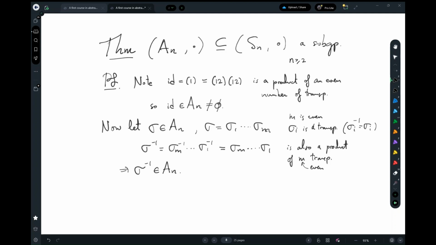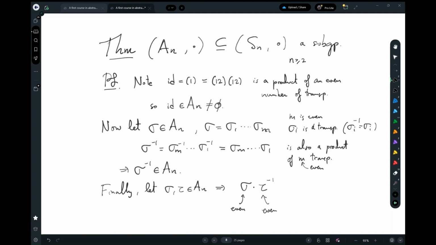So finally, now suppose sigma and tau are in An. Then what about sigma times tau inverse? Sigma has an expression as an even product of transpositions. We just saw that because tau is in An, tau inverse is in An, so it has an even number of transpositions in some expression.